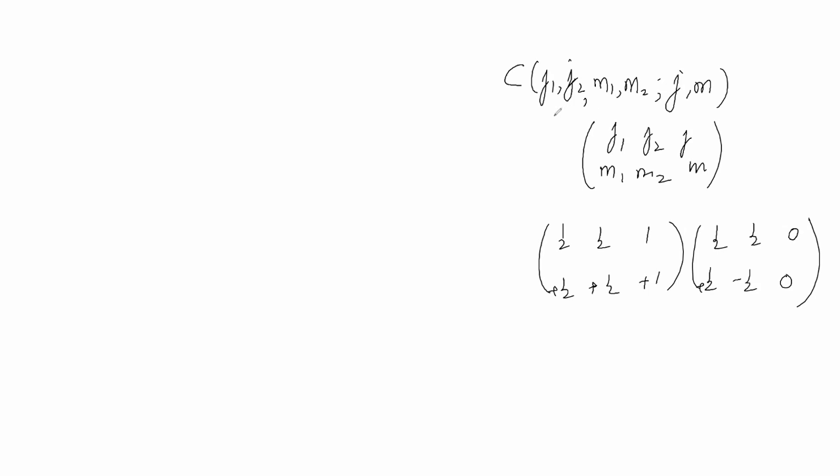Instead of writing half, half, plus half, plus half, 1, plus 1, this is a more convenient notation. That is why I wrote like this. Otherwise, this is not a matrix, isn't it?